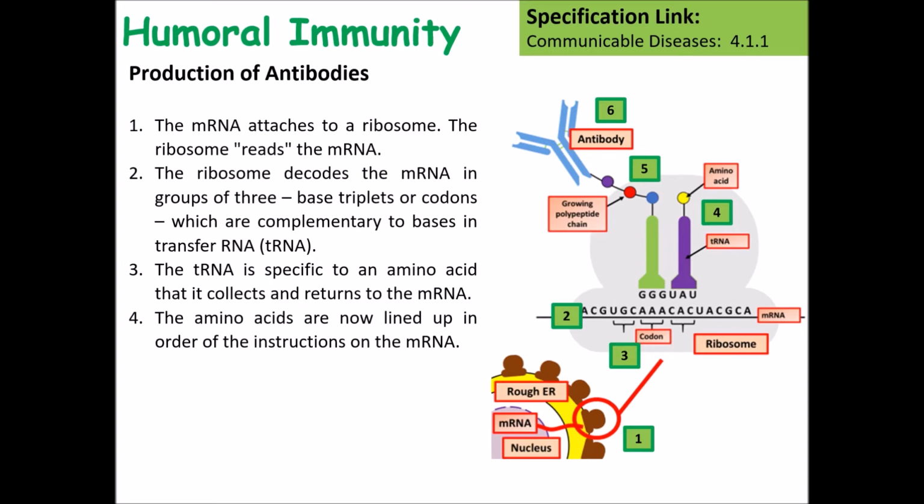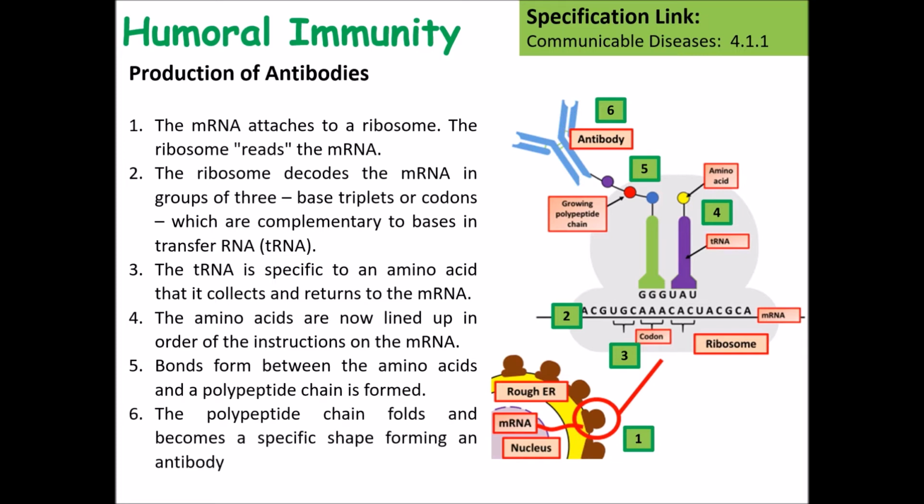The amino acids are now lined up in a very specific order. Peptide bonds form between the amino acids, forming a polypeptide chain. This polypeptide chain then folds up into a specific shape, forming the antibody. The antibody will have receptors that are the same shape as a receptor on the cell surface of the B cell, so will bind to that original antigen.